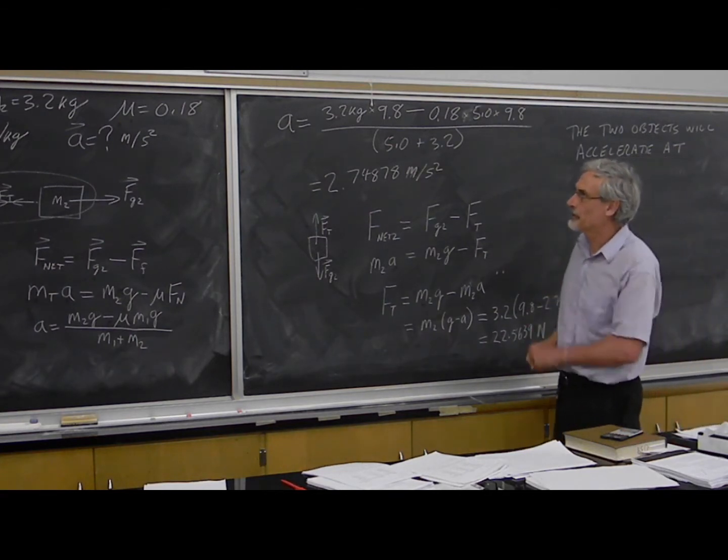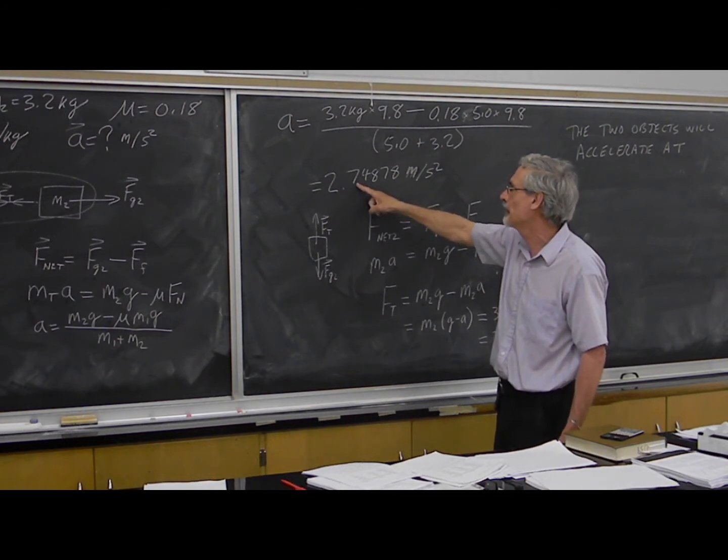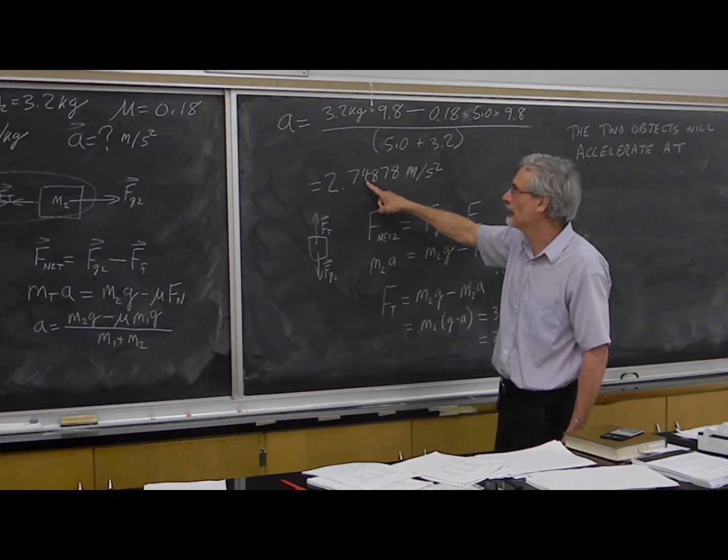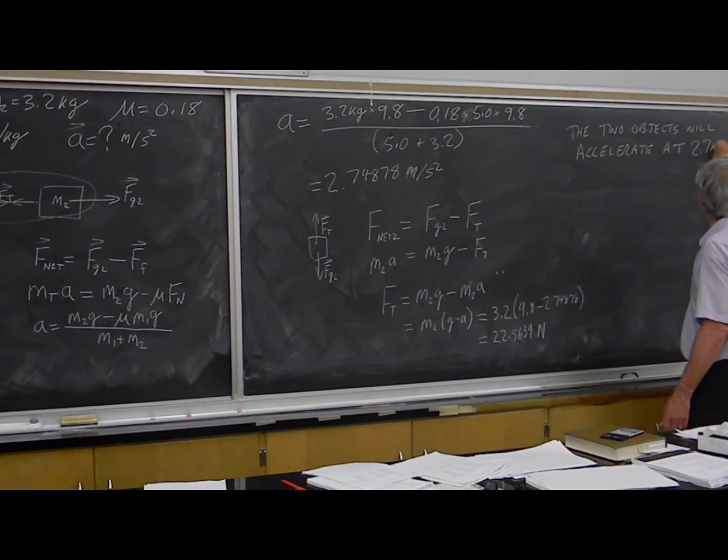Look back at the original, we have two significant digits, so two significant digits here. The next digit is a 4, so we'll round it down to 2.7 meters per second squared.